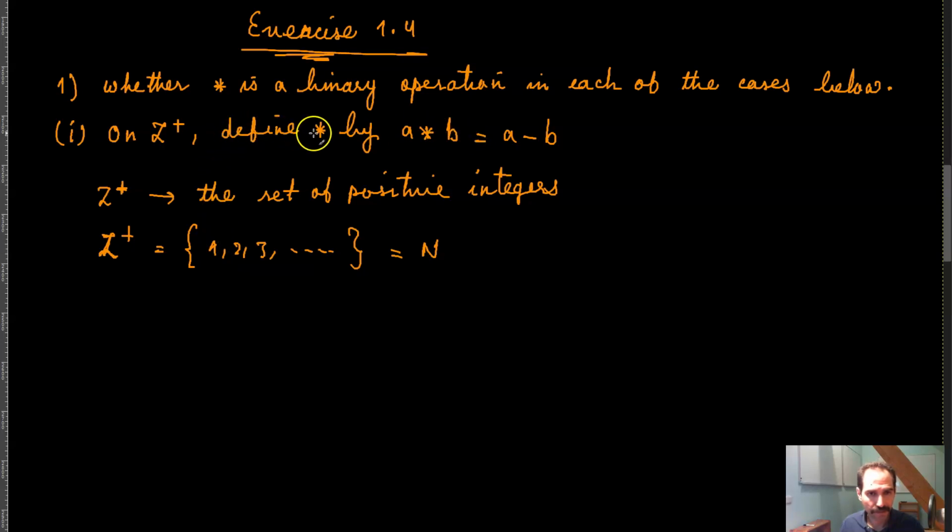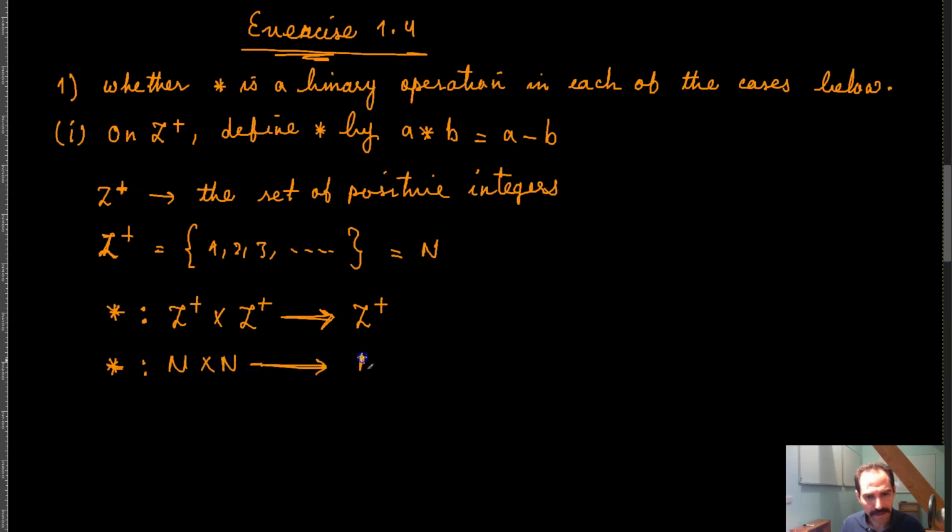If you have this operation on the set Z plus, you have to define it like this: star as a binary operation on the set Z plus, which would be the Cartesian product of Z plus and Z plus to Z plus. And to make it simpler, we can just write this as star as a binary operation from N on N, basically, because they are the same sets, right?